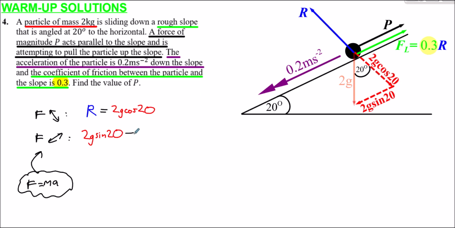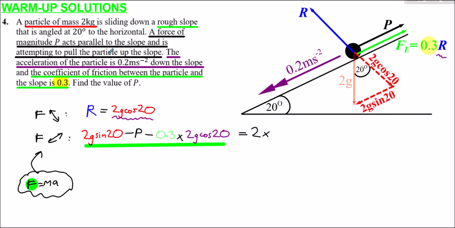So we minus off P, and we can also minus off FL, but we know FL is actually 0.3 multiplied by R. So I can say now that's going to be 0.3 multiplied by R, which we worked out here by resolving perpendicular to the slope. So I'm going to fill in that the R is 2g cos 20. So that's the resultant force. So I'll underline that. That's the overall force going down the slope, and that will be equal to the mass 2 multiplied by the acceleration, which we're told is 0.2.